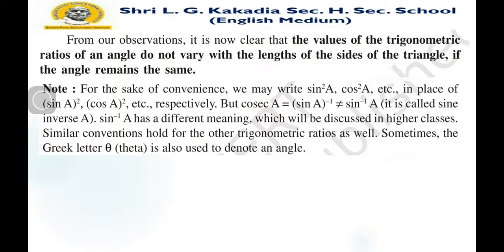But cosec A is equal to (sine A) inverse, which does not equal sine inverse A. Once more, (sine A) inverse is not equal to sine inverse A. We can write (sine A) square equal to sine square A, but we cannot write (sine A) inverse equal to sine inverse A. That is called sine inverse A, which has a different meaning that will be discussed in higher classes.